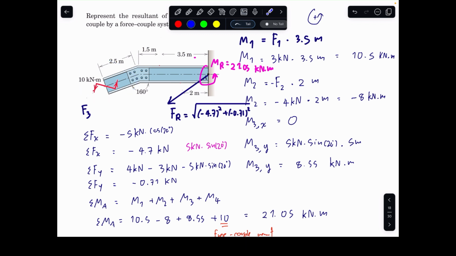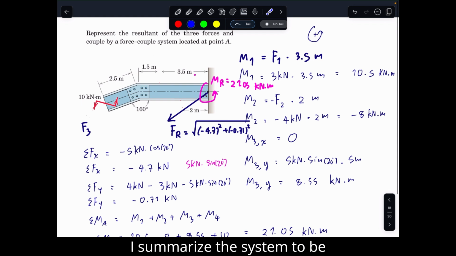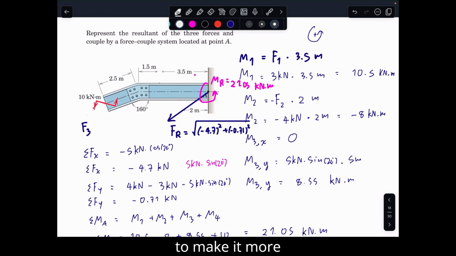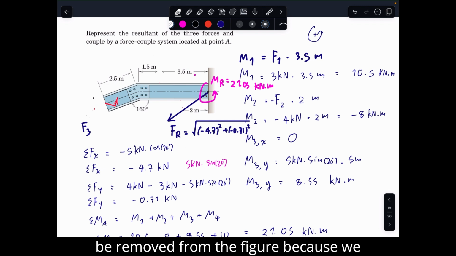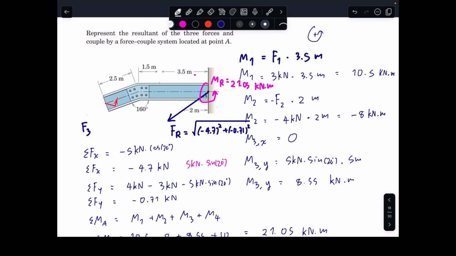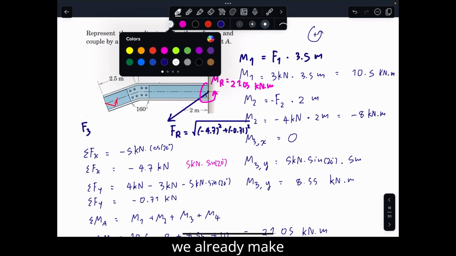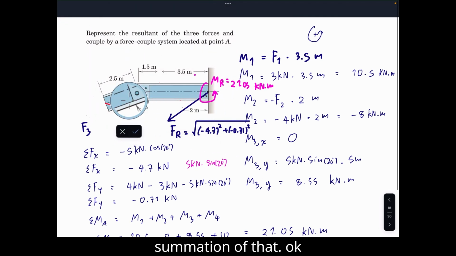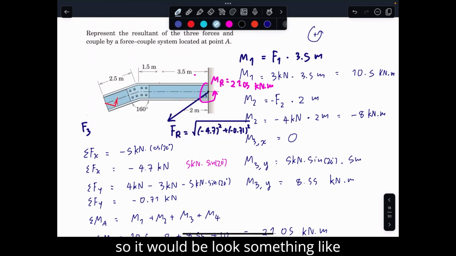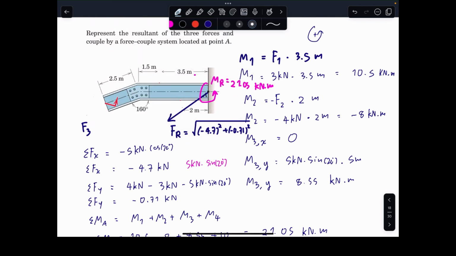Then I summarized the system to have only one force and one moment. To make it clearer, this free couple should be removed from the figure because we already made the summation of that. So it would look something like this in the end.